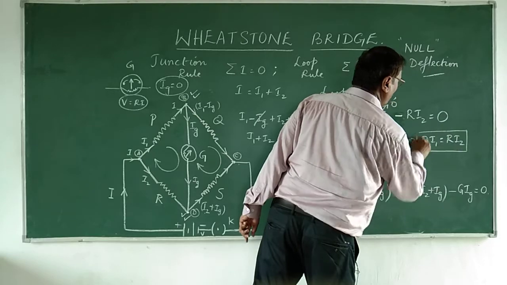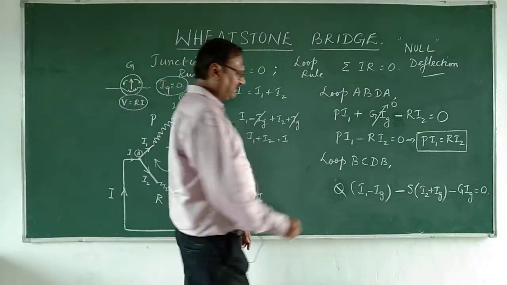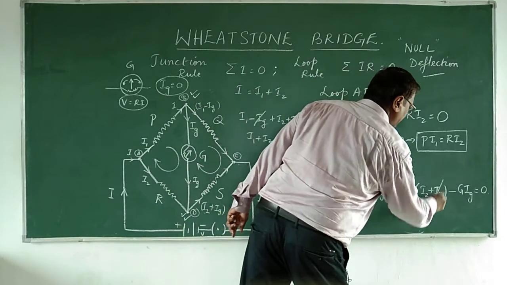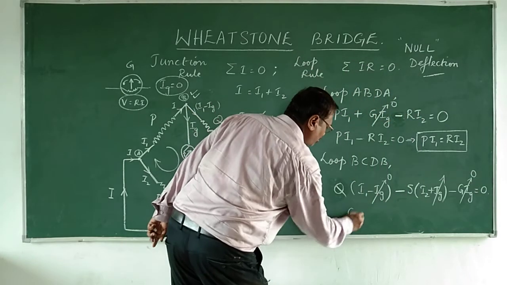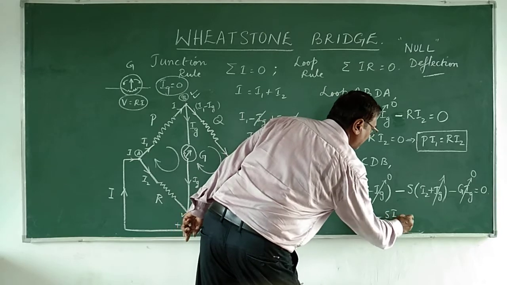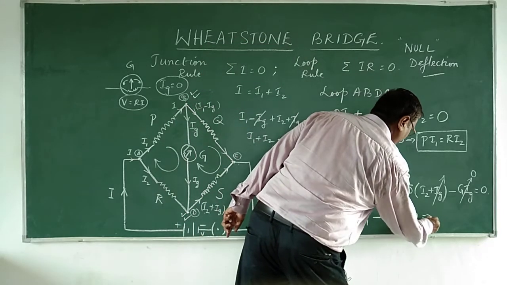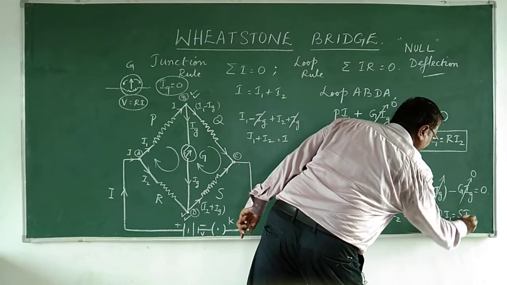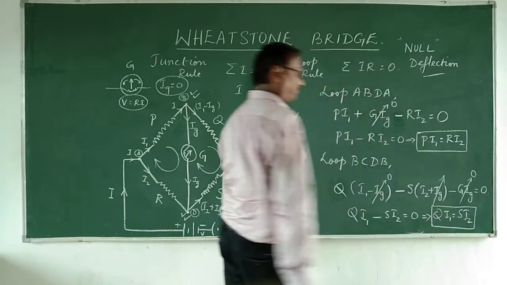Take this as one of the important point. The second one is Ig is 0 again. So Qi1 minus Si2 is equal to 0. Or I can take it from here. Qi1 is equal to Si2. This is another important relationship.